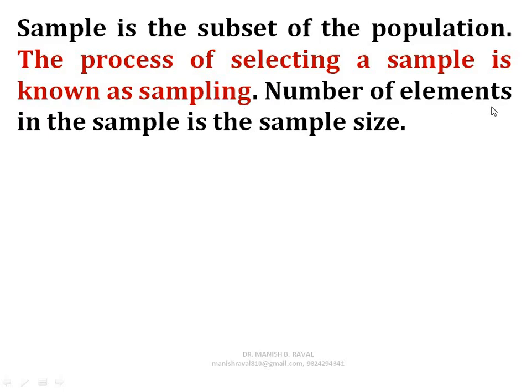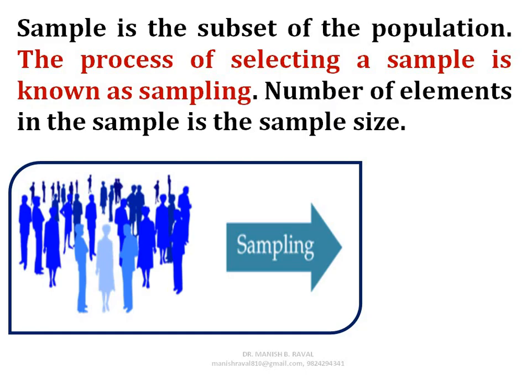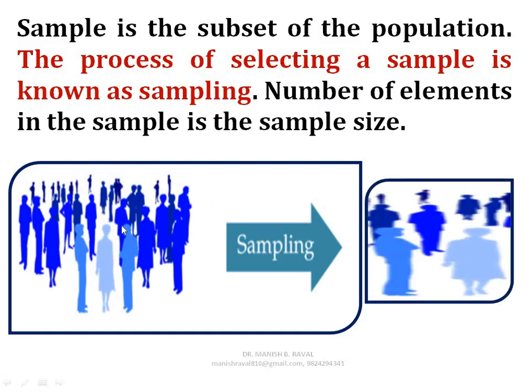And the number of elements which are included in the sample is considered as the sample size. In our example, out of 5,000 commerce graduates, we have taken a 10% sample. That 10%, that is 500, is our sample size. So sample size means out of the total population, the number of respondents that you have selected.